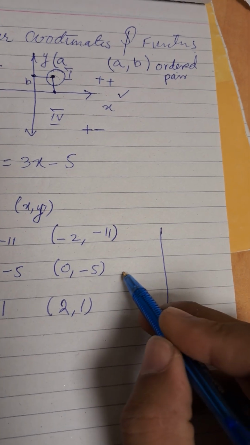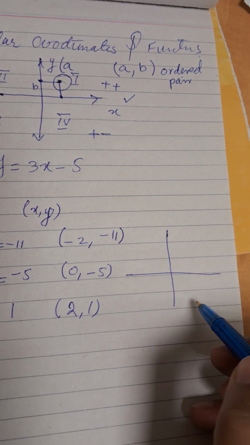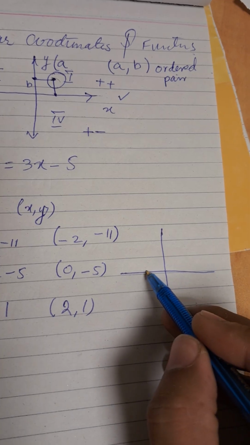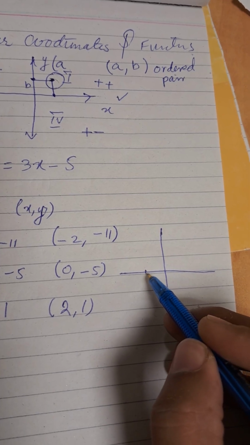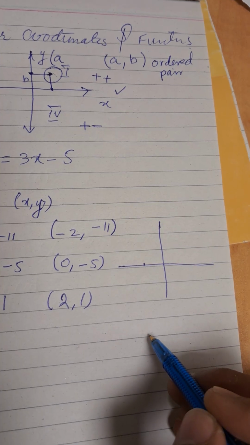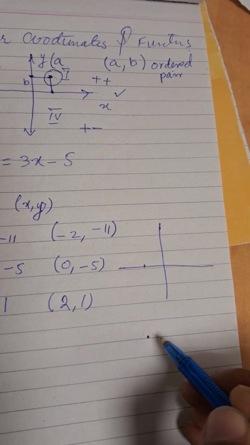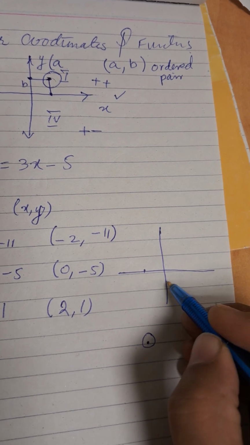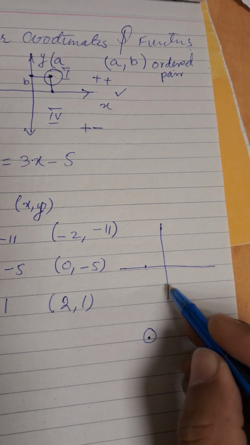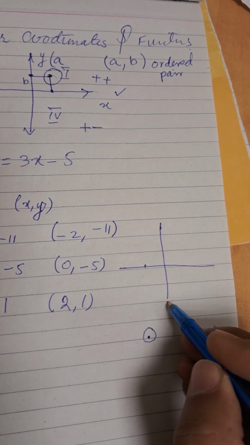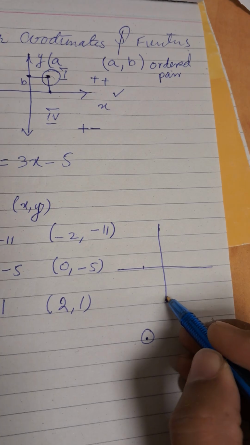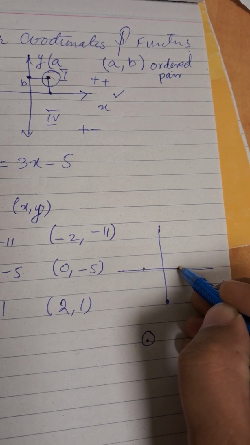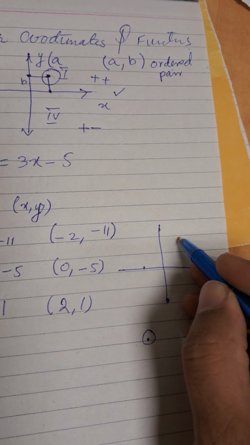that for the x and y axes, if we have minus 2 somewhere over here, then minus 11 would be somewhere here, for example, and for the second point, 0 and -5, it would be 0 on this line, and somewhere in here for -5, and for 2 and 1 it would be somewhere over here.